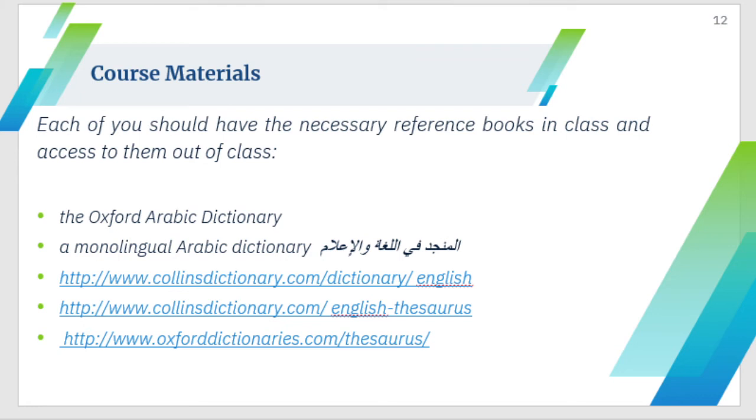Each of you should have the necessary reference box. I will upload it on your e-learning website, and you will download it. You will also have other references such as the Oxford Arabic Dictionary or a monolingual Arabic dictionary such as المنجد في اللغة والإعلام, and also some online dictionaries.